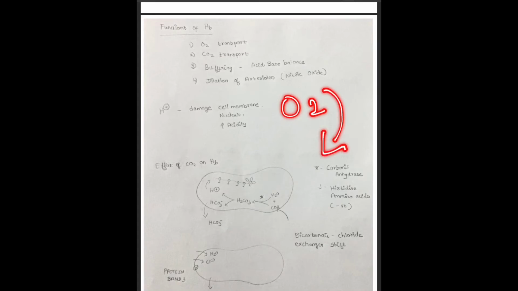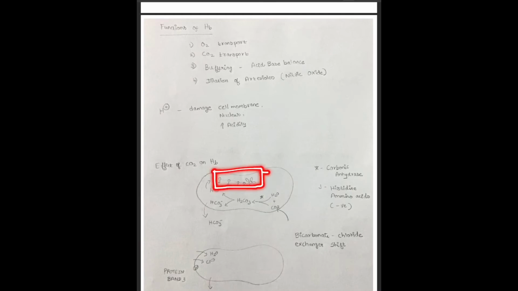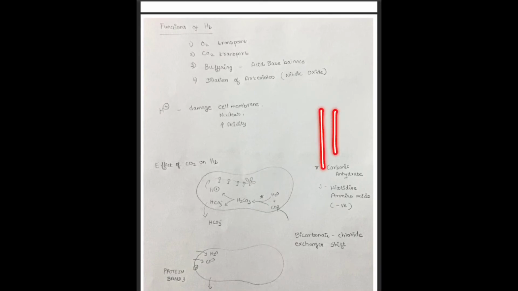So this hemoglobin will combine with the nitric oxide and it will dilate the arterioles. Where do you see these arterioles? In the arterial system, the oxygenated blood is carried by the arteries, and before entering the capillary of the tissue, it will go into the arterioles, then into the capillary of the tissue.